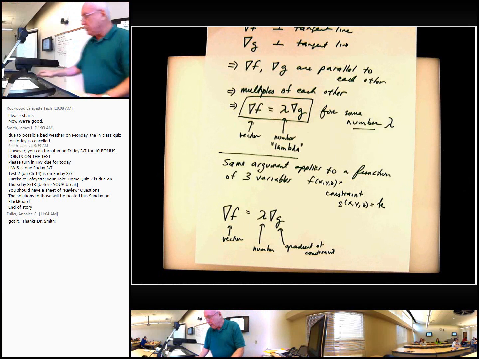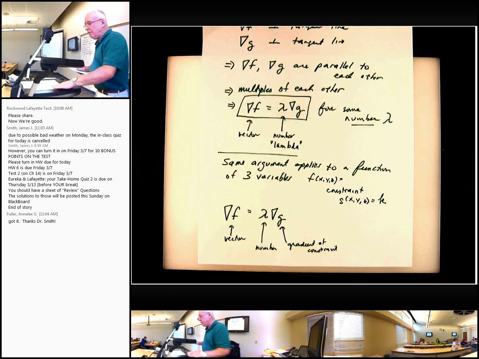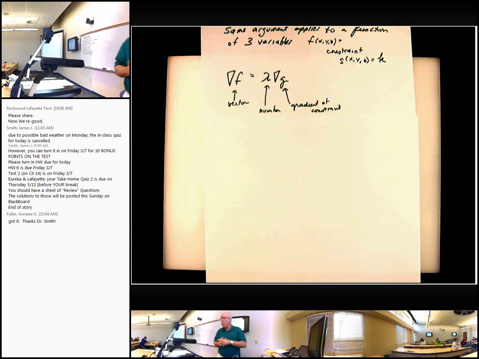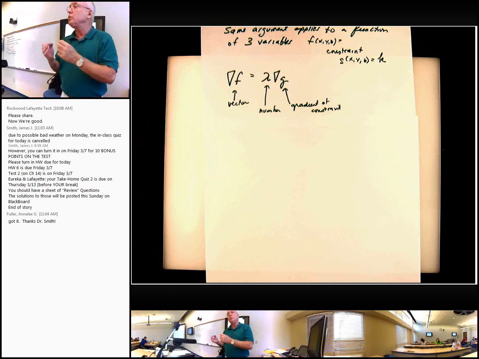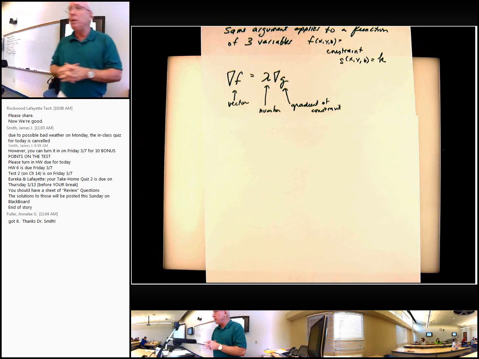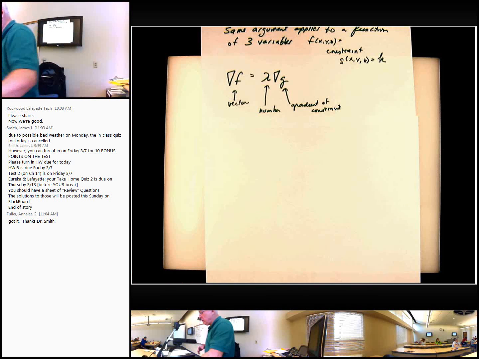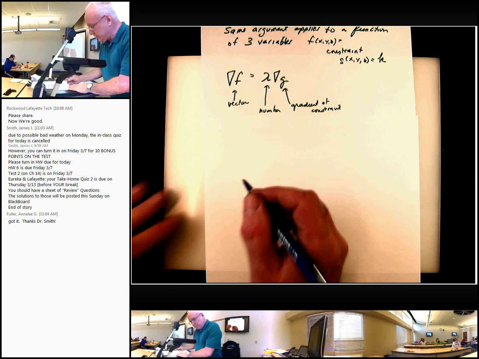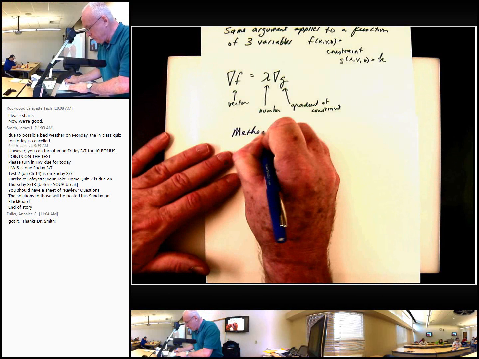All right, let's now start looking at the process of applying this fact that we have a function and then another function which is a constraint equation that constrains the variables, and we want to try to find either the biggest or the smallest value. This is the method of Lagrange multipliers.